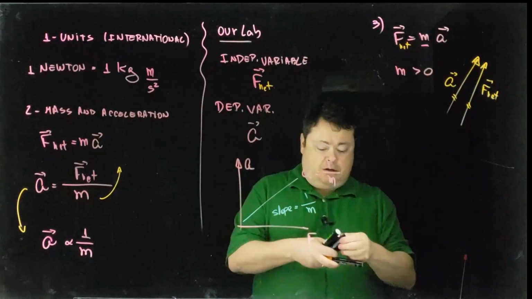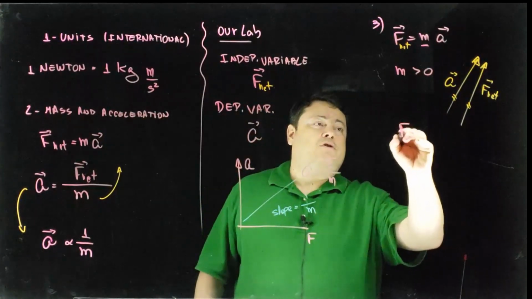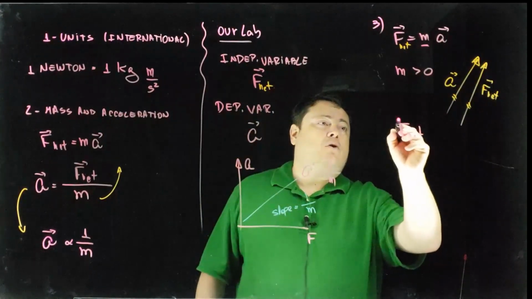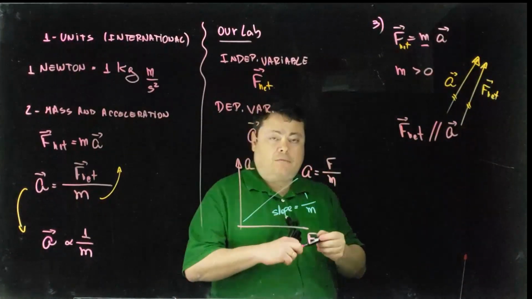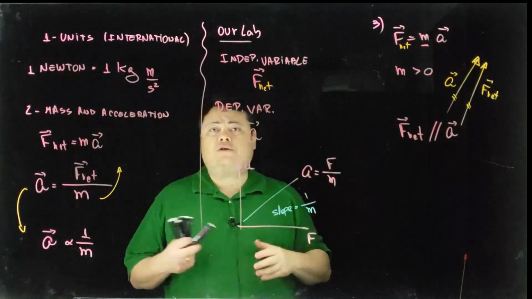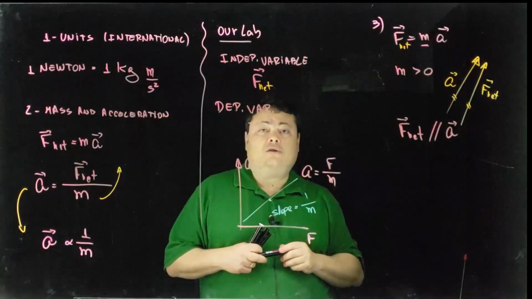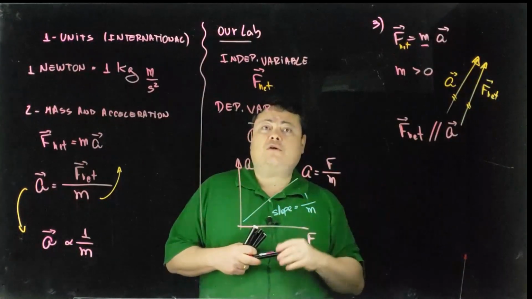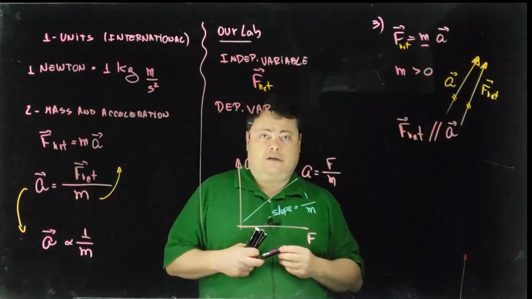So coming back in here, my conclusion is that the net force on a system is always going to be parallel to the acceleration. And this is quite useful when you start solving problems that involve forces in more than one direction, in trying to identify which force is going to be the more intense, which direction is the total force, and this kind of stuff.